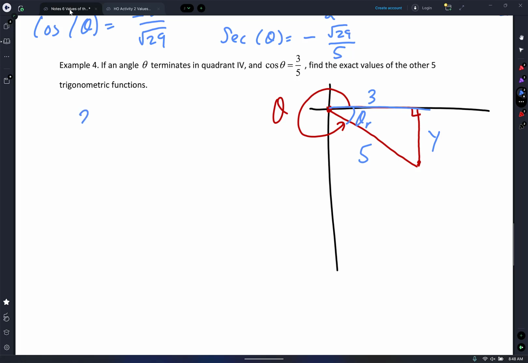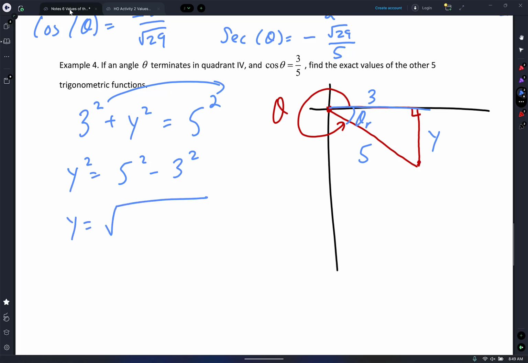So I'm going to go 3 squared plus y squared equals 5 squared. And I know some of you already know that that's a 3, 4, 5 triangle, but just in case, y squared equals 5 squared minus 3 squared. I just moved that 3 squared to the other side. So y equals the square root. 5 squared is 25. 3 squared is 9. So that's the square root of 16. So the square root of 16 is 4.